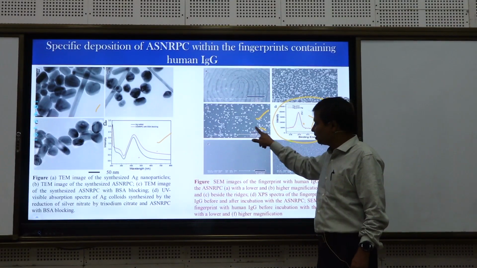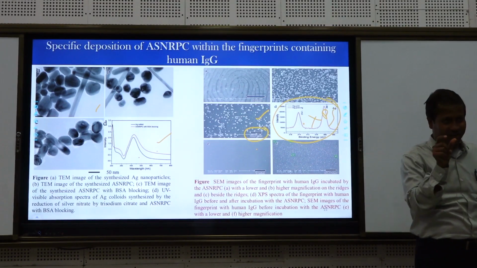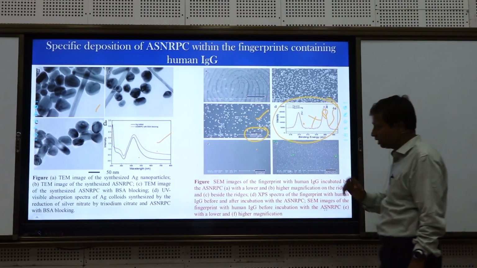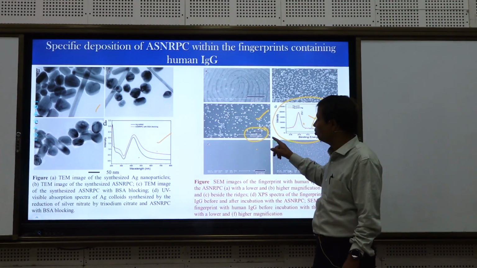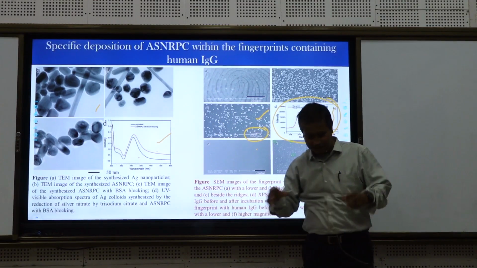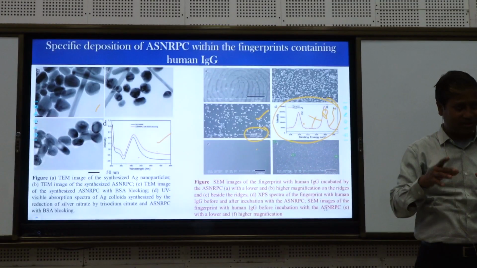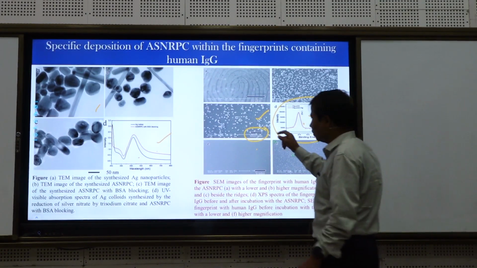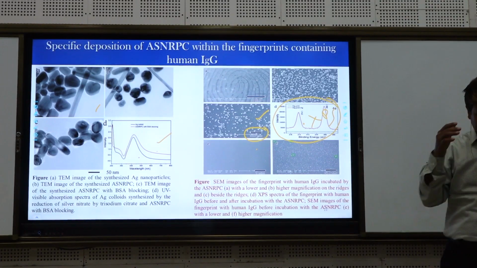Whenever you see an image, you must see this one. This is the bar. This is the length. What does it mean? Since you people are students, this will be more important for you. It is an electron beam scattering image, so through that you can see even nanometer scale.